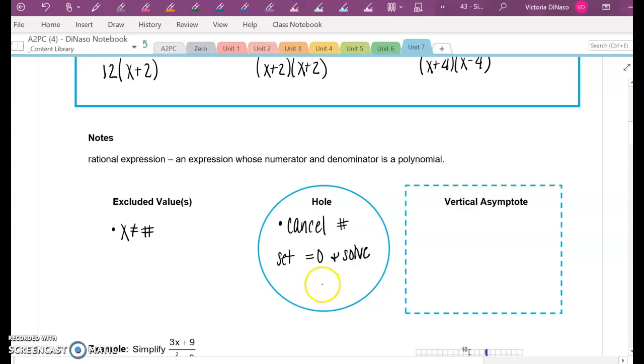Now, why are you doing this? You're doing this because whatever number you would plug into the original rational expression, you would get 0 over 0, making it a hole. And holes are circles in the graph. A vertical asymptote is whatever is left over in the denominator.